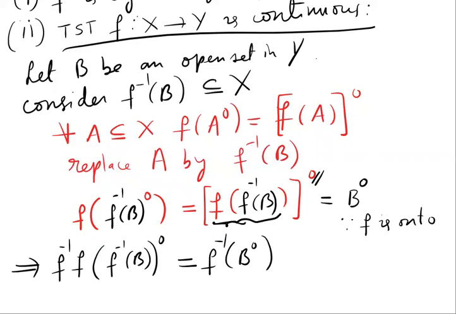Right? Okay, what is B? B is an open set. So what is B naught? We can write here, this implies B interior equal to B.